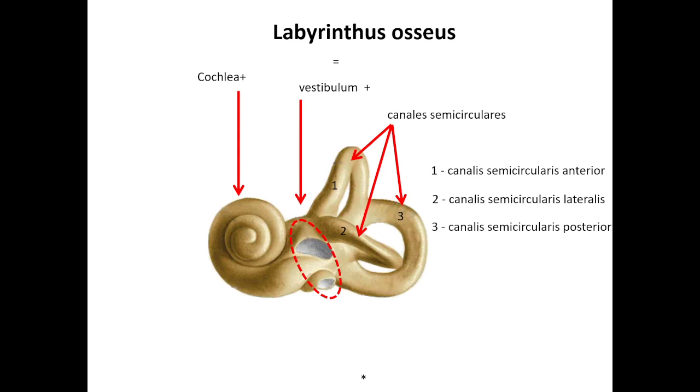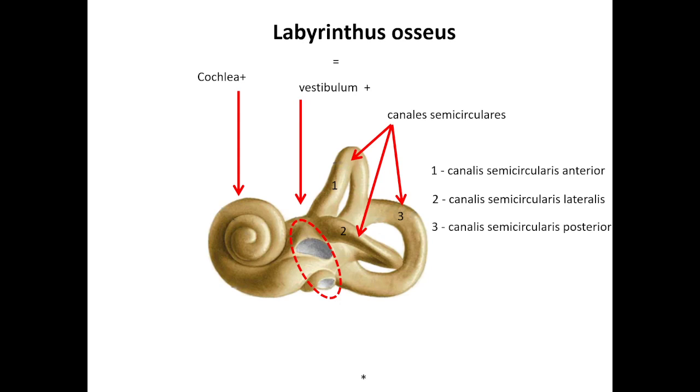And the internal ear serves as an organ of two functions. Hearing, the cochlea is responsible for hearing, and understanding of the position of our head. When I move my head without eyes, I can feel it.